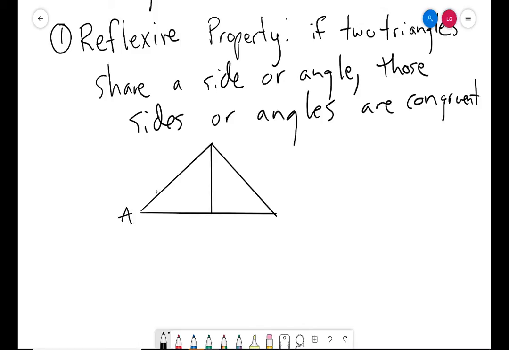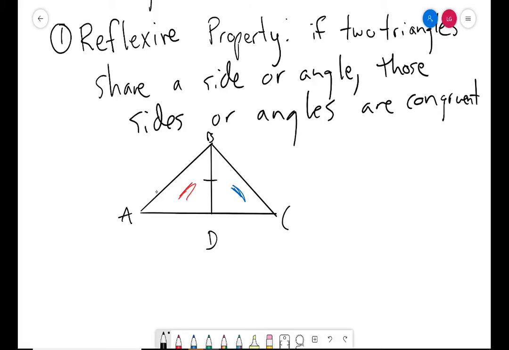We'll call this A, B, C, D. This line segment that's shared by these two triangles, one in red, one in blue here, that side of those two triangles, is in fact congruent to itself.